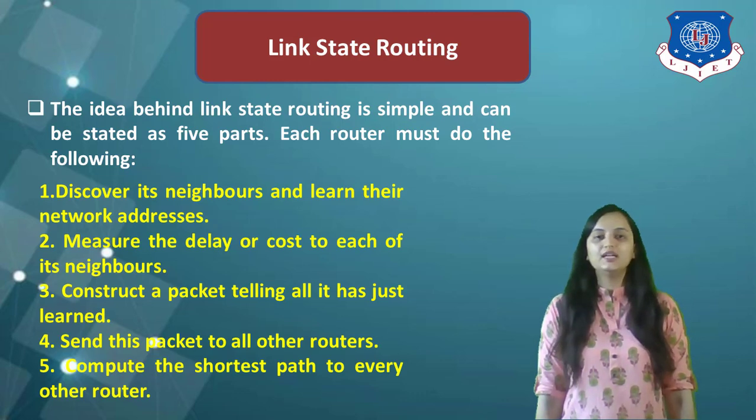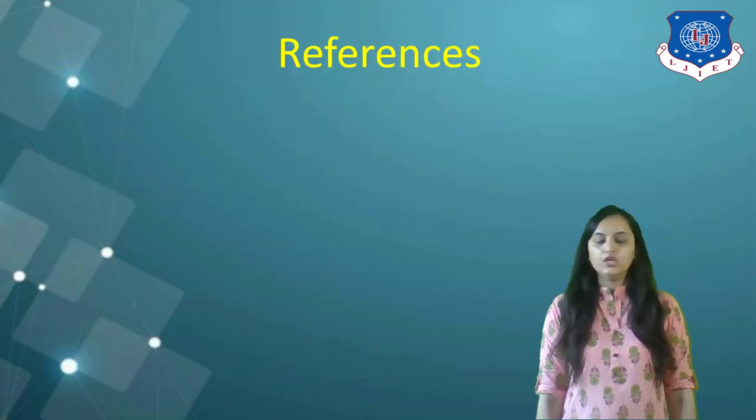So this is how the link state routing algorithm operates. After following these steps, it establishes a link to the destination, and using that link the packets are transferred to the destination. This is how the link state routing algorithm works.